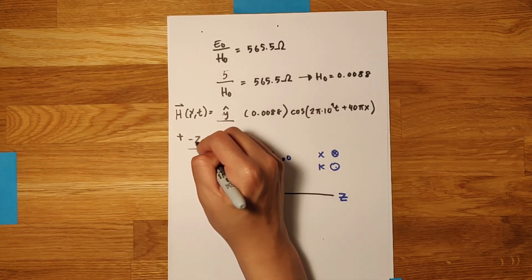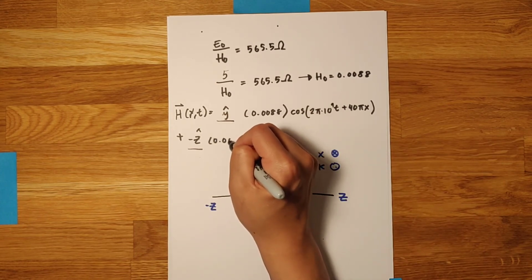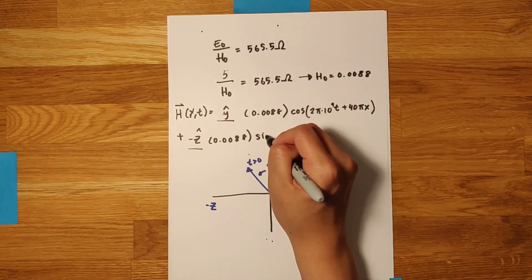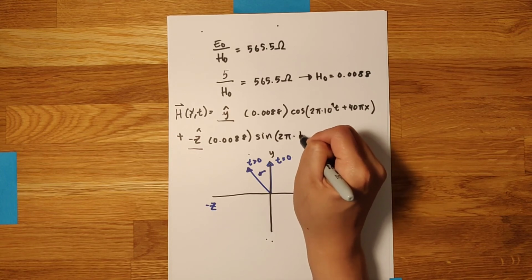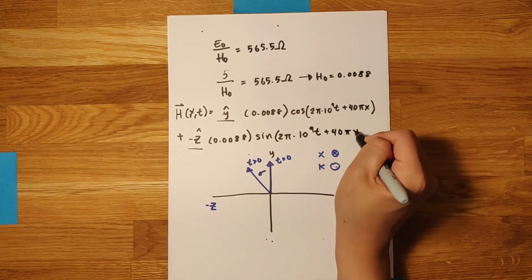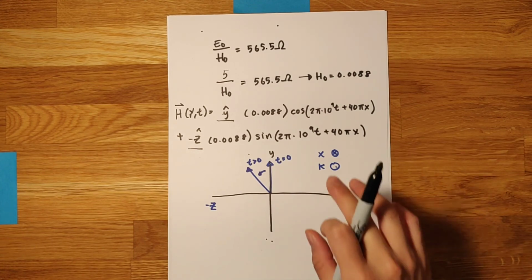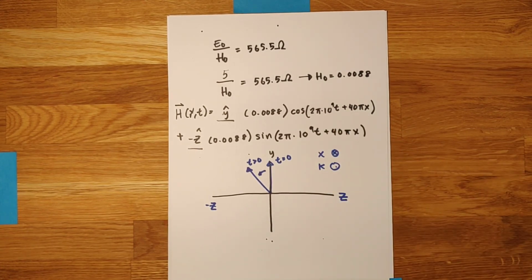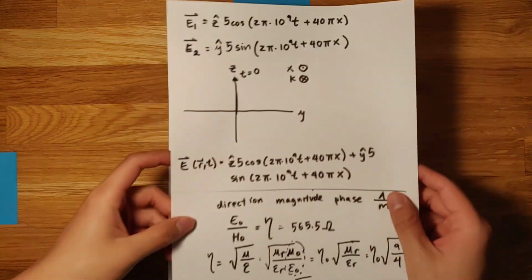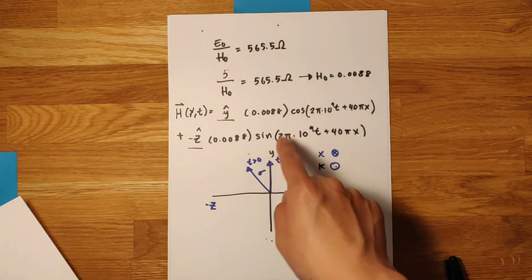So it will be negative z hat times the same magnitude, 0.0088, times the same thing, but it will be sine, times 2 pi times 10 to the 9t plus 40 pi x. And this will be our expression for our magnetic field. Just to reiterate, this is our expression for the E field, and this is the expression for the H field.